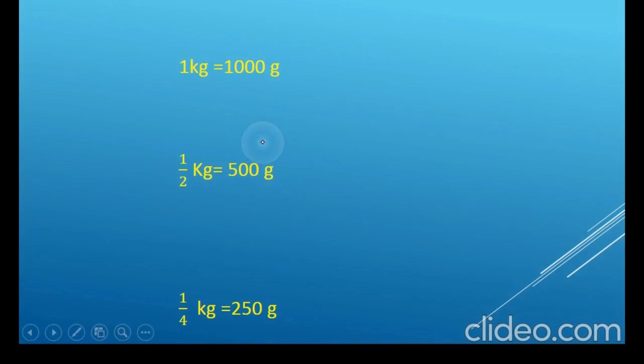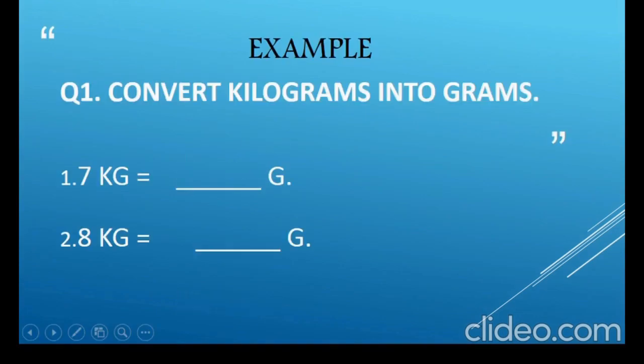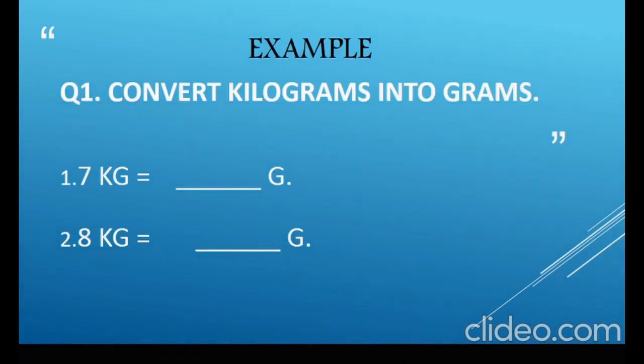Let's take another one. Okay, let's solve these examples together. I have 7 kilogram and I want to transfer it to gram. Again, I will ask myself, which one is bigger? Good, this one is the big. That means I will multiply by 1000. 7 multiplied by 1000 gives me 7000.